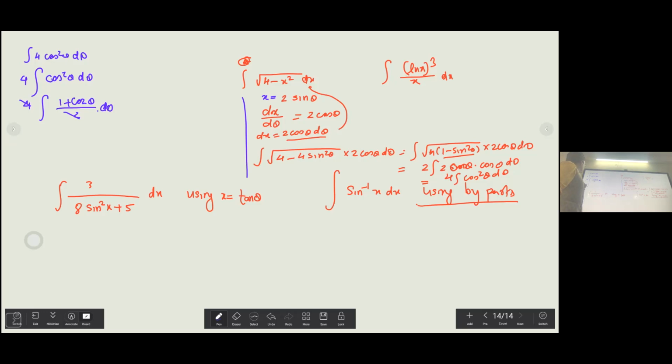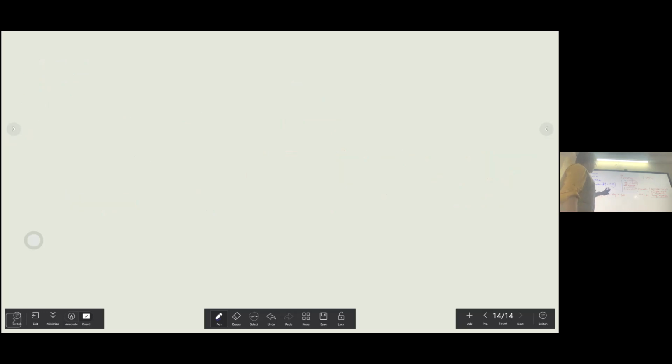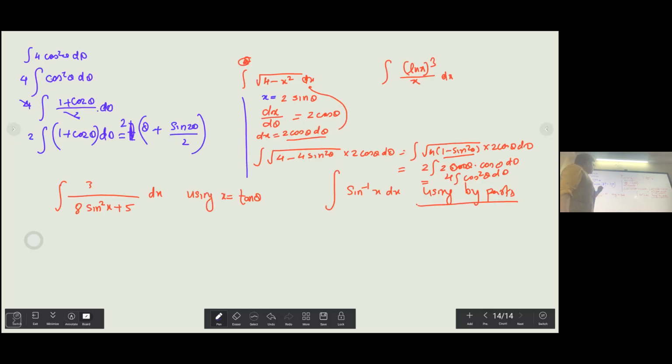So this becomes 2 times integration of 1 plus cos 2 theta d theta. So integration of 1 is theta, and cos 2 theta is sine 2 theta divided by 2. So you get 2 times theta plus sine 2 theta over 2.